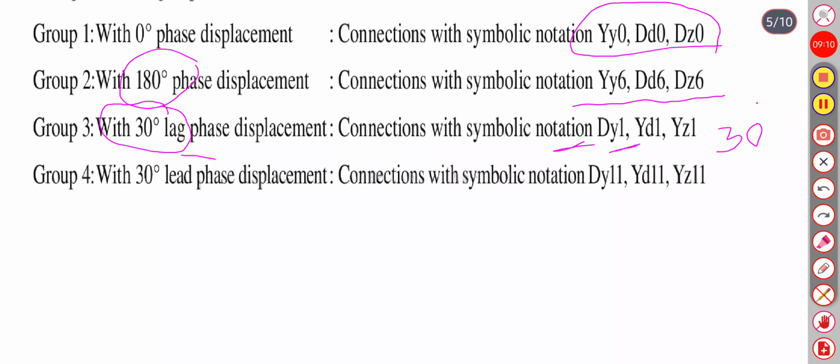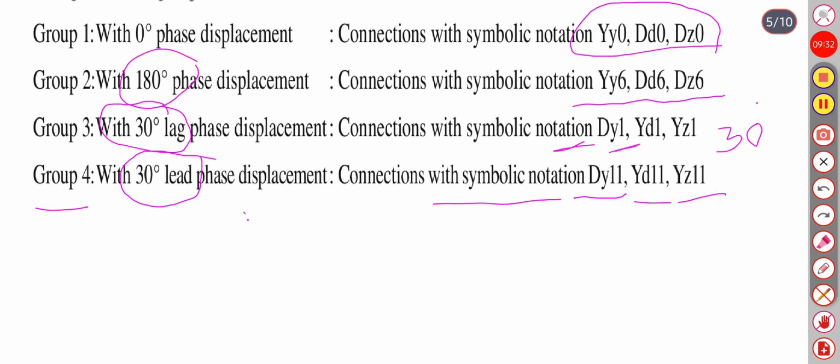If a 30-degree lead phase displacement is shown, that falls in group 4, then the symbolic notation will become dy11, yd11, and yz11.